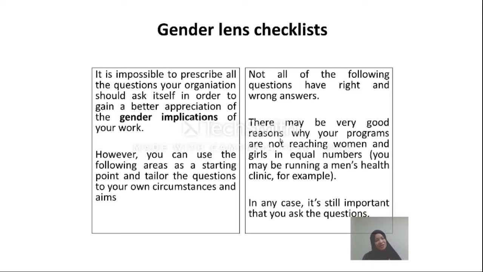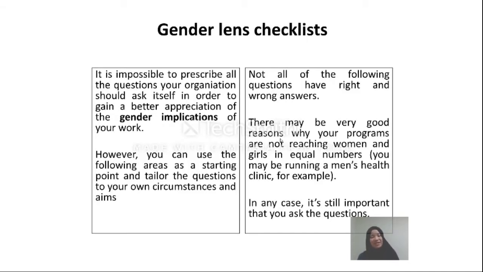Not all of the following questions have right and wrong answers. There may be very good reasons why your programs or your projects are not reaching women and girls in equal numbers. You may be running a men's health clinic, for example. In any case, it's still important that you ask the questions.